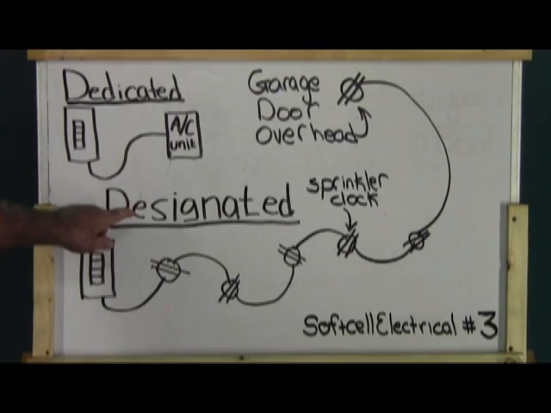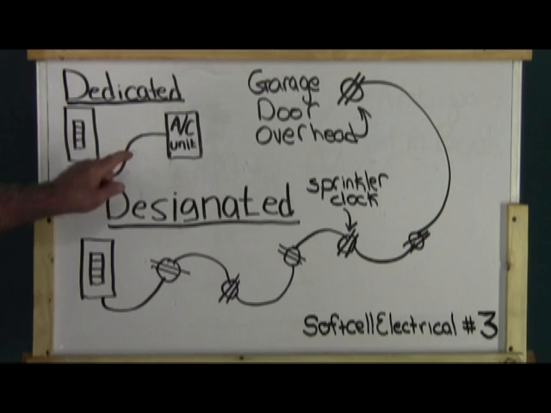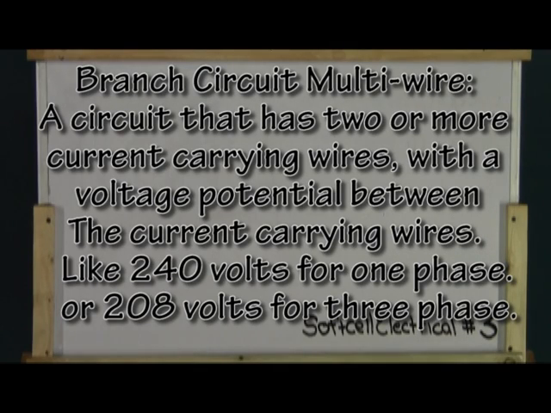It's important that you note this because you're not going to find this in the code book. You will find it on plans though, and if you see it on a plan or a blueprint, you have to know what you're looking at. Now we get into something really fun. Branch circuit multi-wire. If you read this in the code book, it's really confusing.